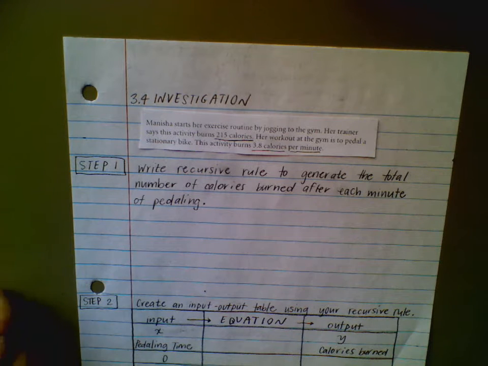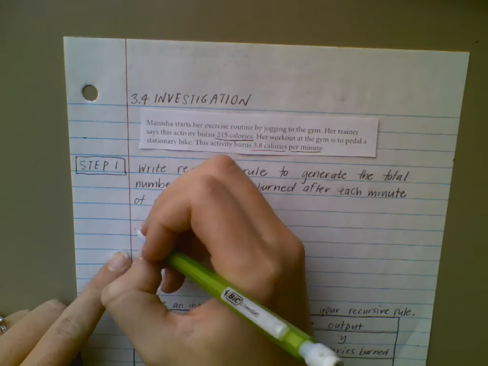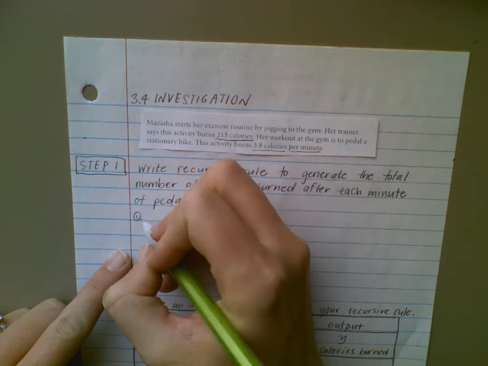Our first step tells us to write a recursive rule to generate the total number of calories burned after each minute of pedaling. So I want you to remember the two parts of a recursive rule. First one being, we need to have a starting point.